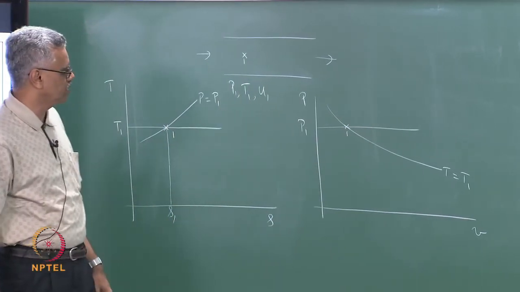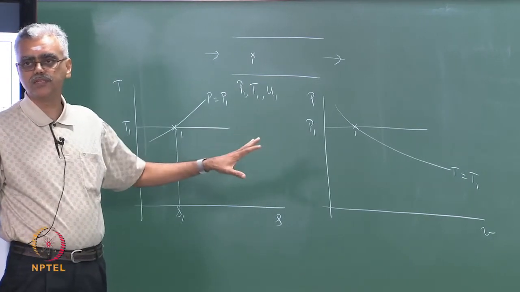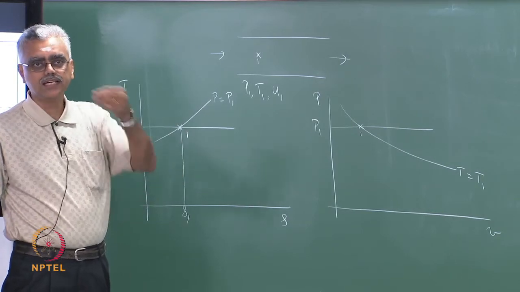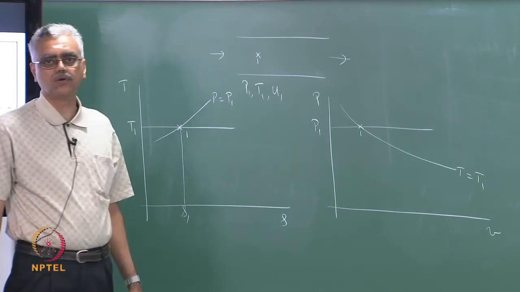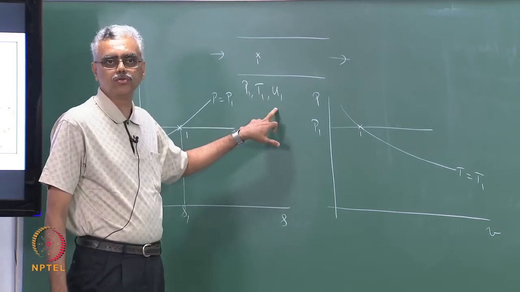So, now I have this. Now, I need to figure out how to show the velocity information on this diagram. Remember, this is a thermodynamic state diagram. The energy equation that we wrote down gives us a clue as to how we can depict velocity also in this diagram.